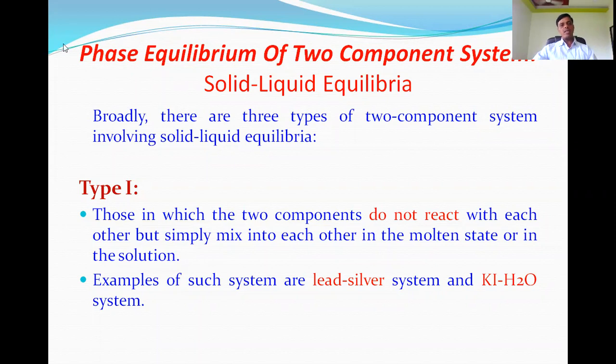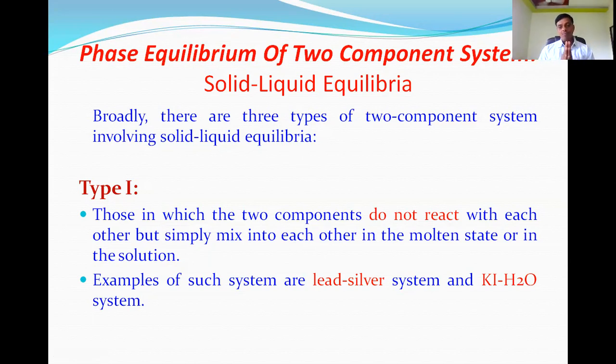But in case of solid liquid equilibria or two component system, there are three different types of two component systems, which involve the solid liquid equilibria. The very first type of solid liquid equilibria in two component system.